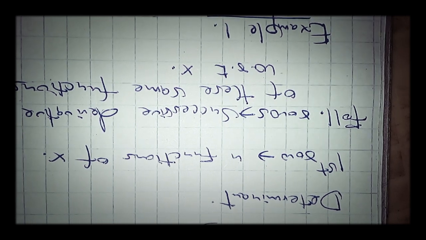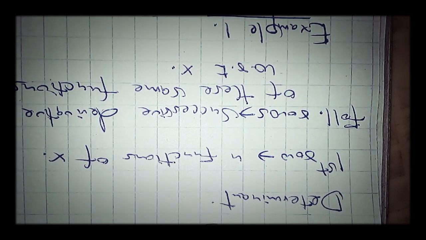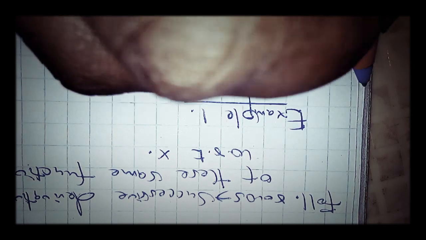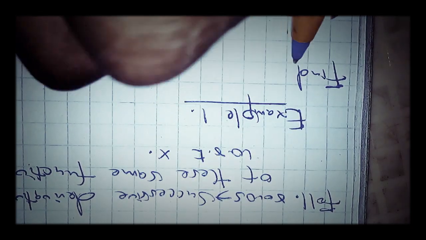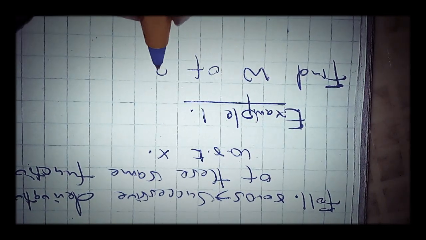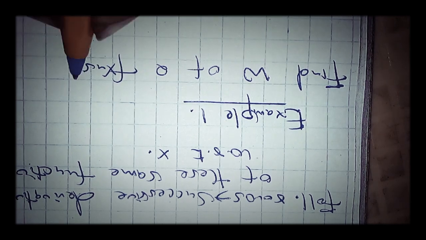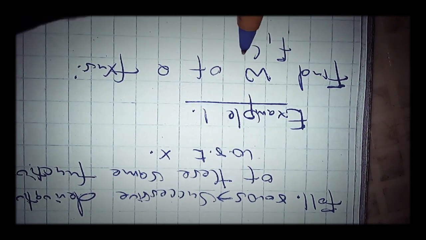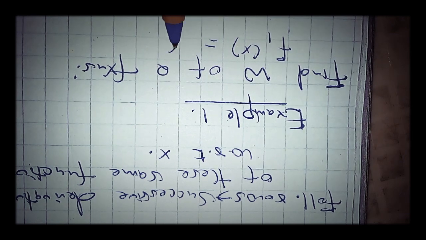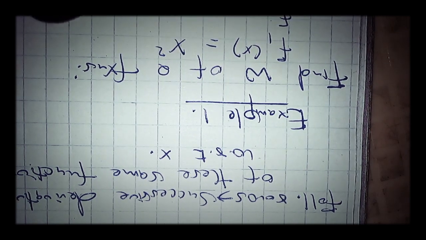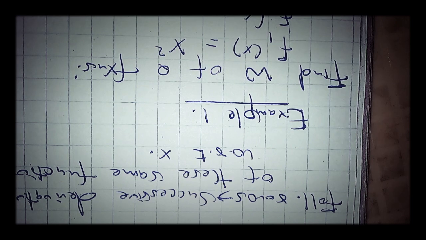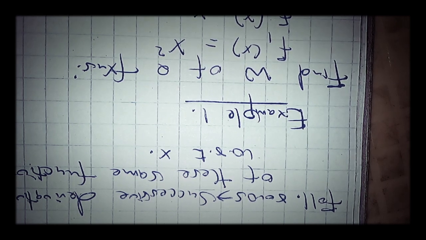Example 1. Find the Wronskian of two functions, i.e. the first function of x is x squared, and the second function of x is x cubed.